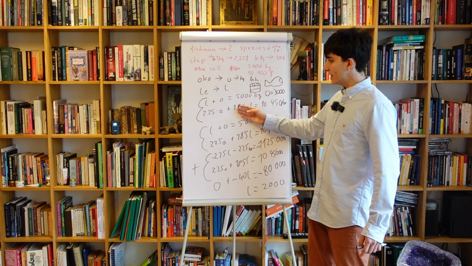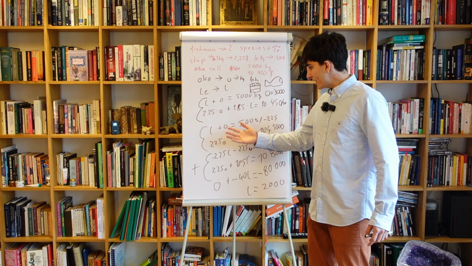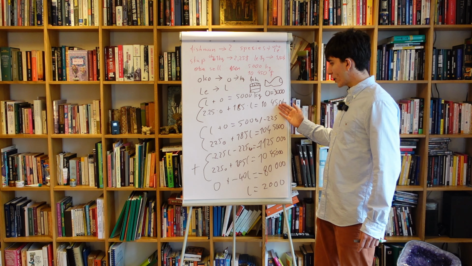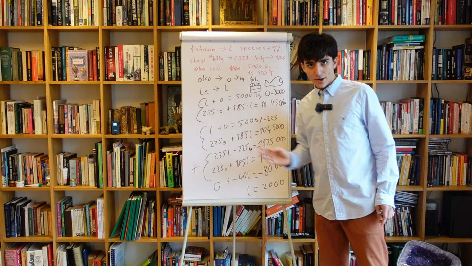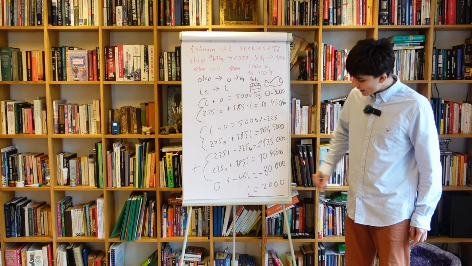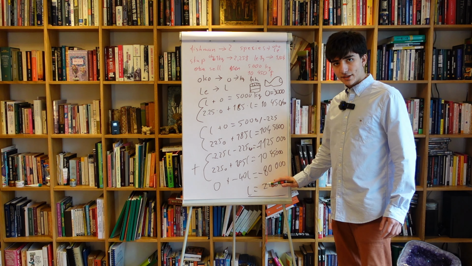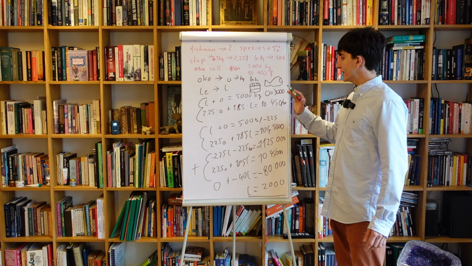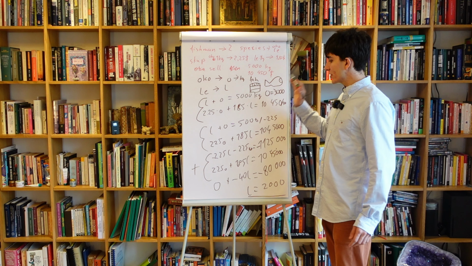And as you can see, it will be 9,000, and then we will get 1,450. So it checks out. So we have our final solution. We get le 2,000 kilograms of the fish le and 3,000 kilograms of fish o.